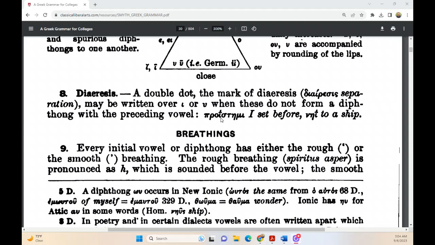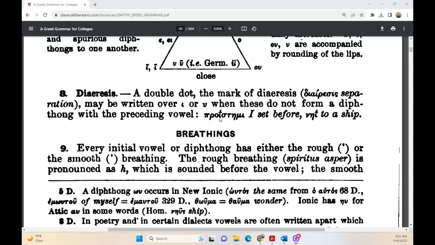And you can see an example here. I don't expect you to be able to read this yet, but I'll read it. But what you see is this word, proistemi. And if you look, you see omicron iota in the middle of the word. Normally, these two vowels would form a diphthong.